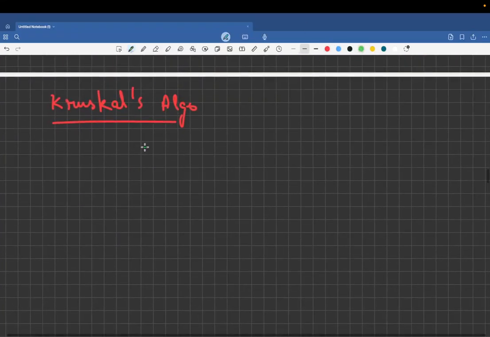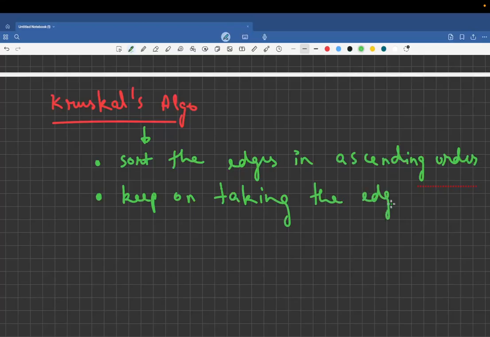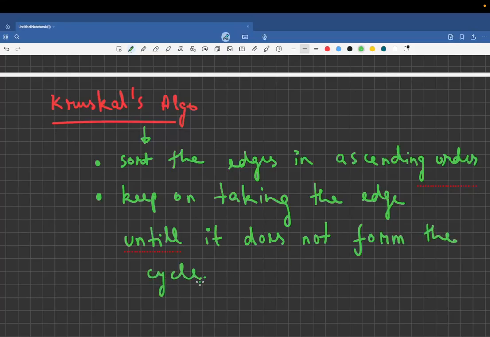So what does Kruskal's algo say? Sort the edges in ascending order, definitely ascending order on the basis of their weights, and then keep on taking the edge until it does not form a cycle.